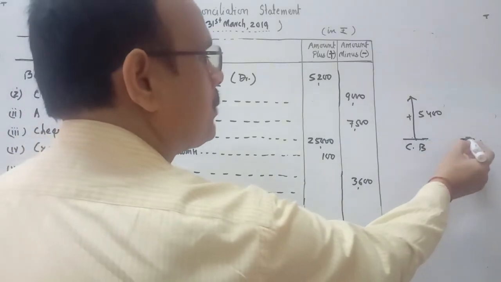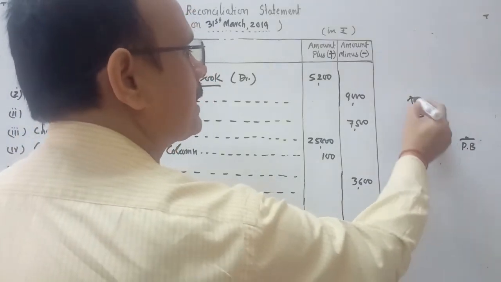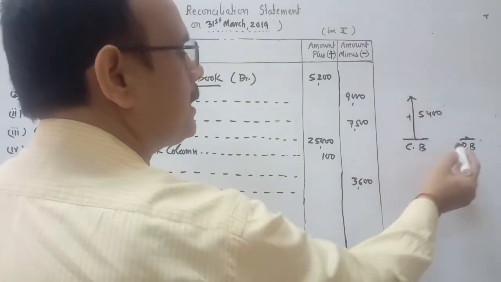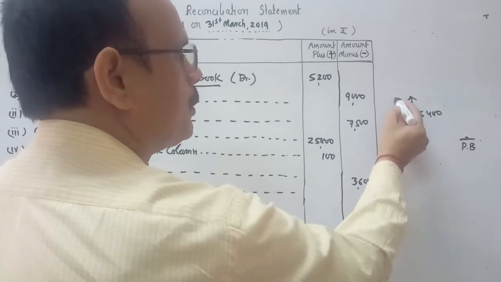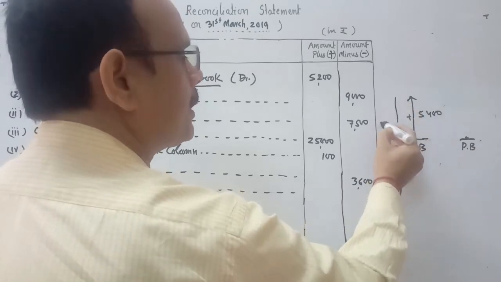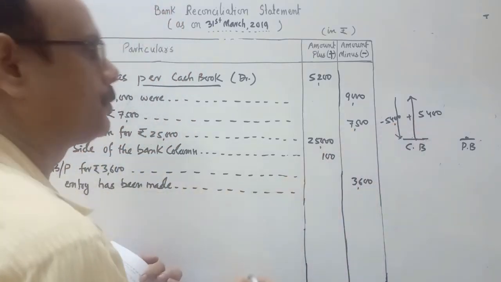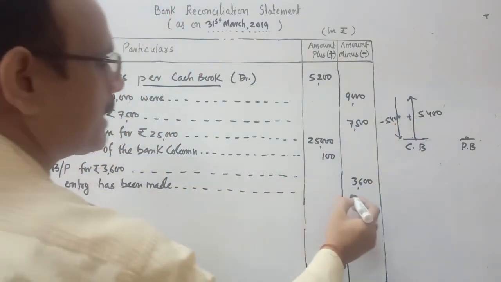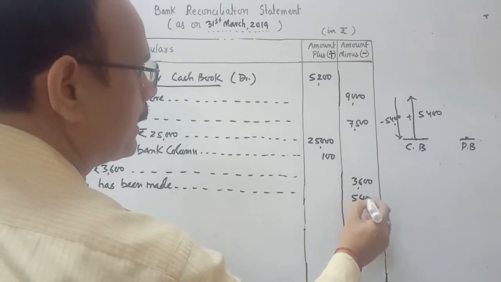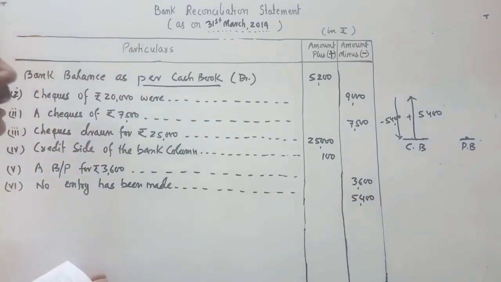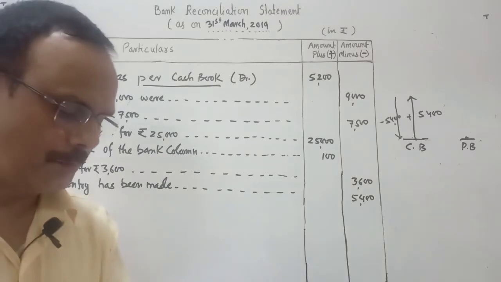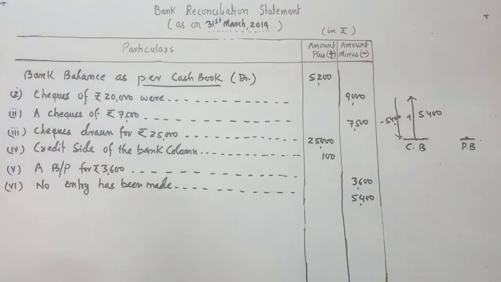So the passbook balance is here and the cash book balance is here. To make it equal to the passbook balance, we will reduce 5400 in the cash book. So you write 5400 in the minus side, so that the cash book balance will be equal to the passbook balance.